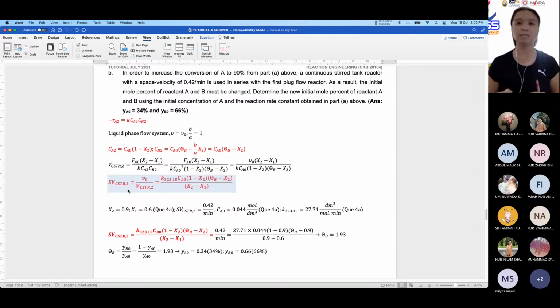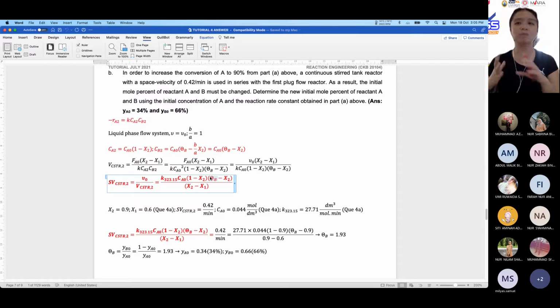Which one will be affected if I change YA0 and YB0? So if you realize the only thing that will change if I change YA0, YB0 is of course my theta B. Kerana theta B tu sama dengan apa? YB0 per YA0. So if I change YB0, I change YA0, automatically my theta B will change. Meaning to say, if I can find theta B first, I can find YA0 and YB0.